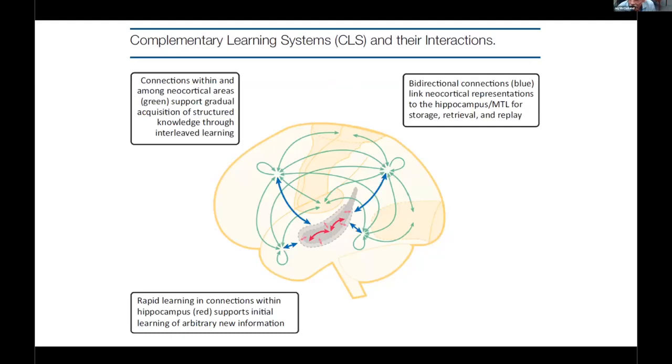So we think of the brain as containing large populations of neurons throughout the neocortex, and massive pathways connecting these neurons to each other, both within and between brain areas.